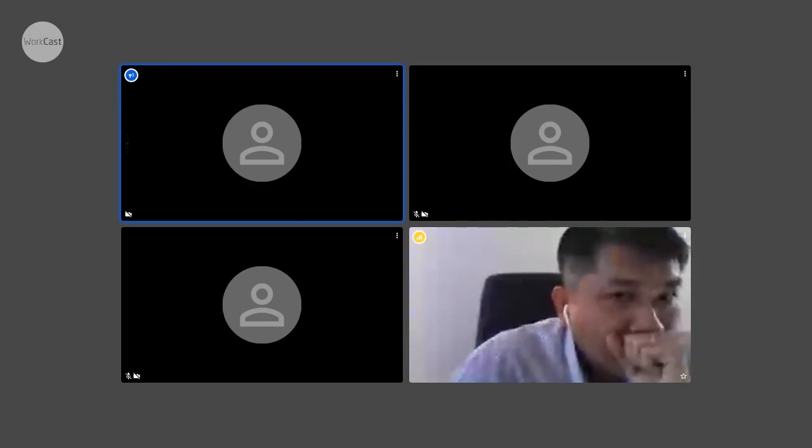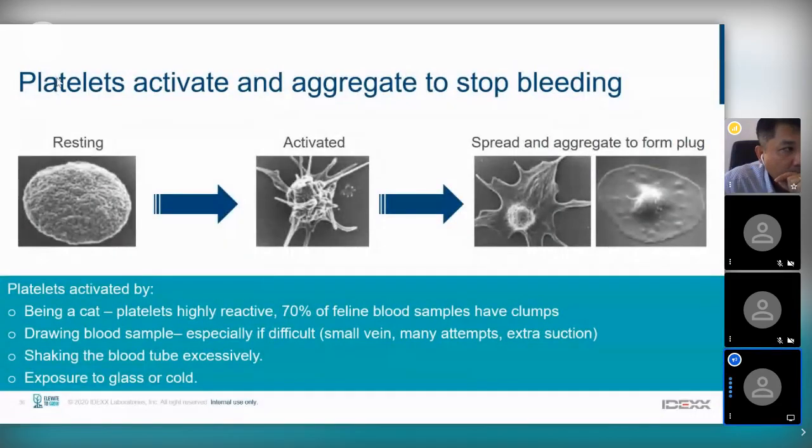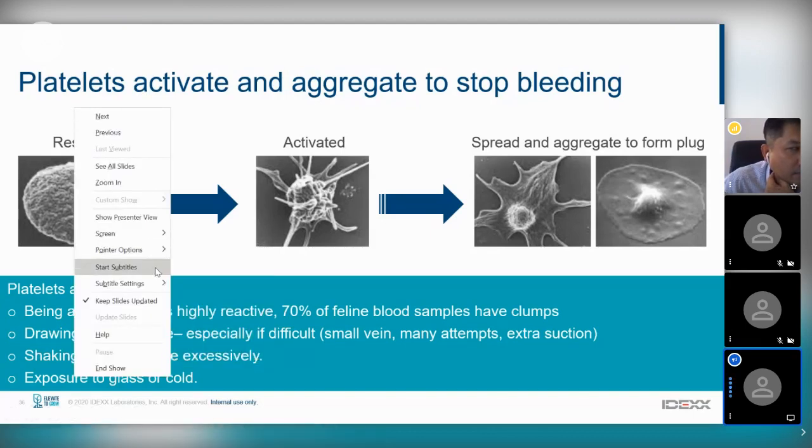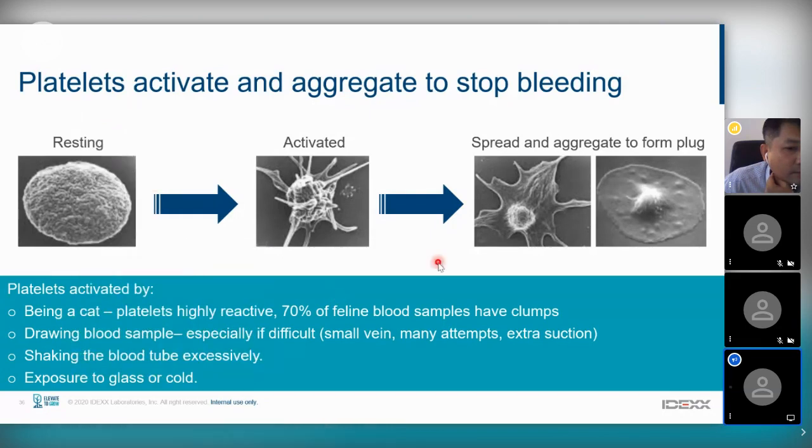Yes. So these are the ones that get activated upon any stimuli, like the platelets, due to some injury to the cells. While drawing the blood samples also sometimes they get activated because we prick again and again, and the vein is very small. In those cases also it gets activated, and shaking the blood tube again and again can activate them.